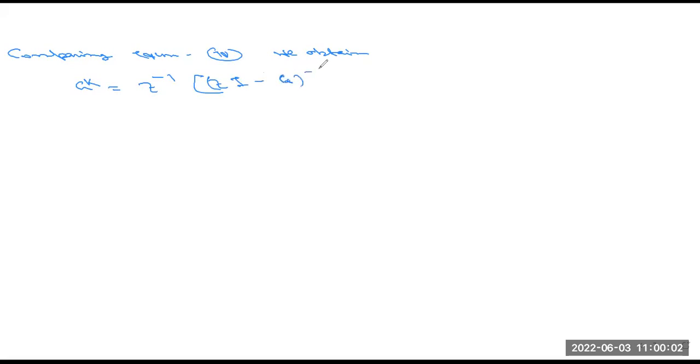Now comparing with the last equation, that is equation 4, we obtain G^k is the Z inverse of (zI minus G) inverse z.